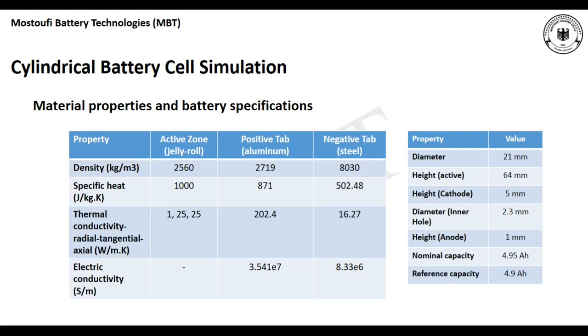The nominal capacity of the cell is 4.95 amp hour, and the reference capacity that the experiments are conducted at, in order to define different parameters for the MSMD battery model, is 4.9 amp hour. So now let's go to the Ansys software and start the simulation.